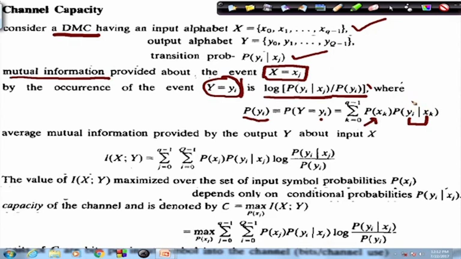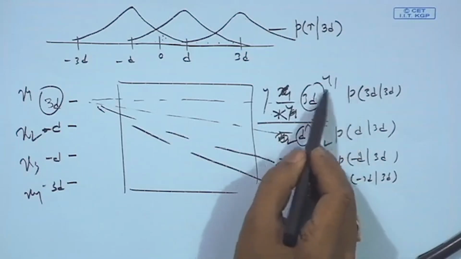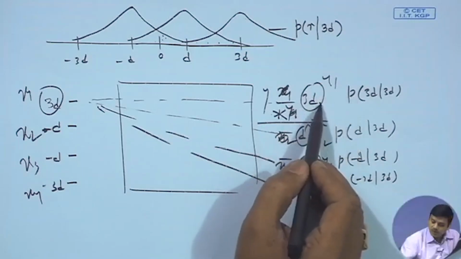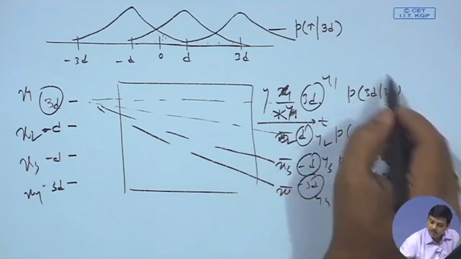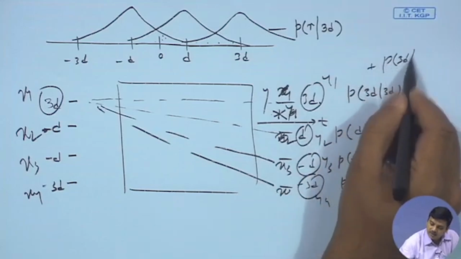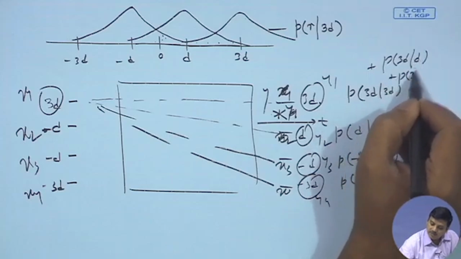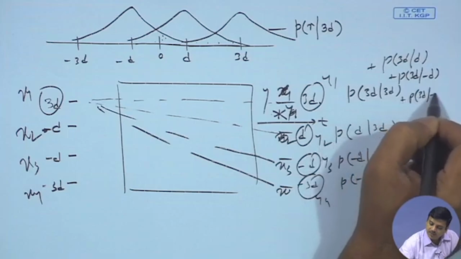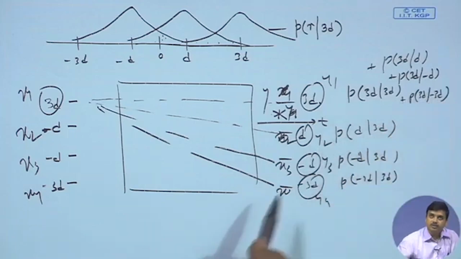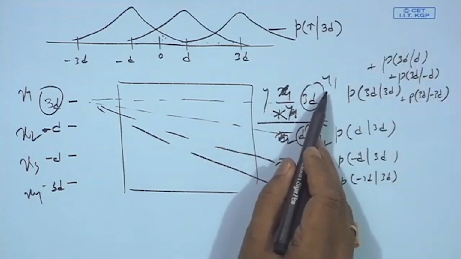That means, for a particular output, the conditional PDF that 3D has been observed given 3D is transmitted, plus the probability of 3D being observed given D has been transmitted, plus the probability of 3D being observed given minus D has been transmitted, plus the probability of 3D being observed given minus 3D has been transmitted. So, this is the total probability of 3D being observed.